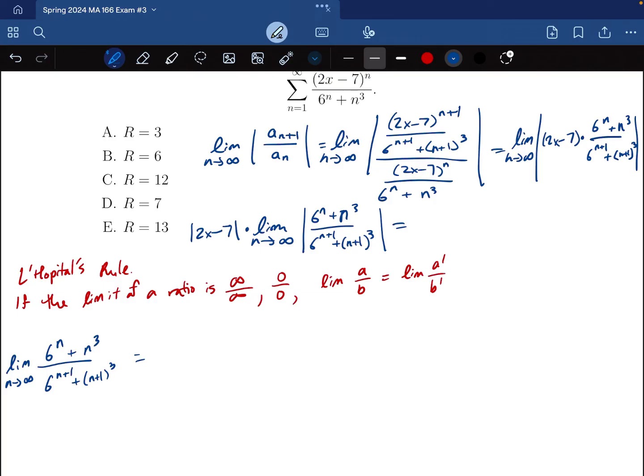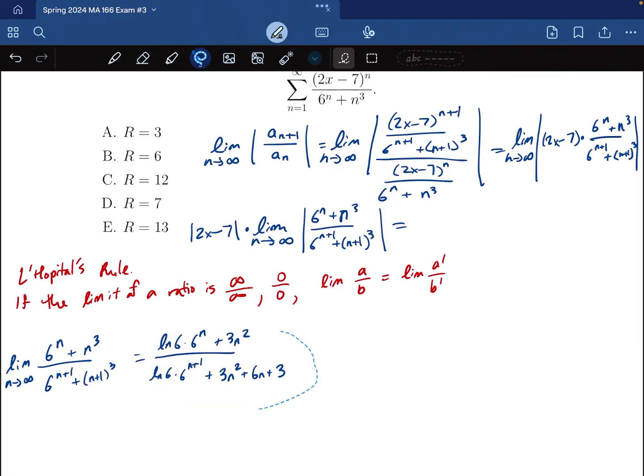So what I get is, the derivative of 6 to the power of n would be natural log 6 times 6 to the power of n, plus 3n squared, divided by natural log 6 times 6 to the power of n plus 1, plus 3n squared plus, okay, wait, this is a lot of 6n plus 3. Yes? Okay, and then I'm going to have to take the derivative, I think, 2 more times, or 3 more times.